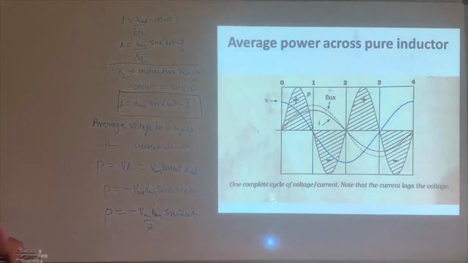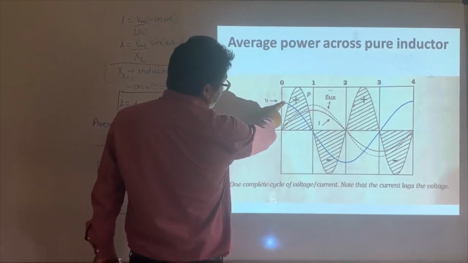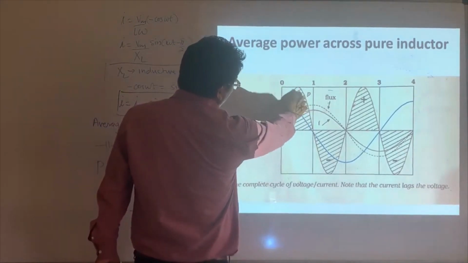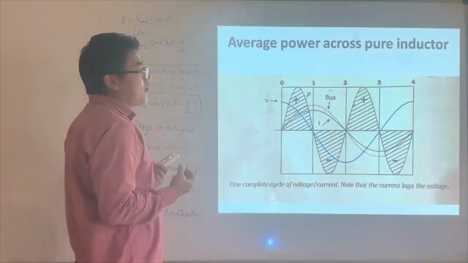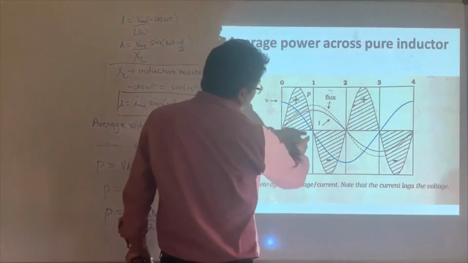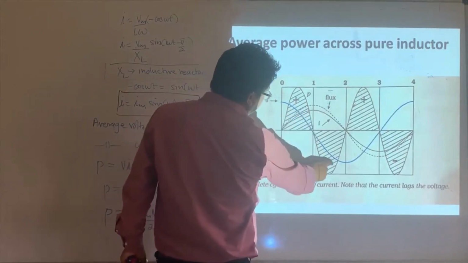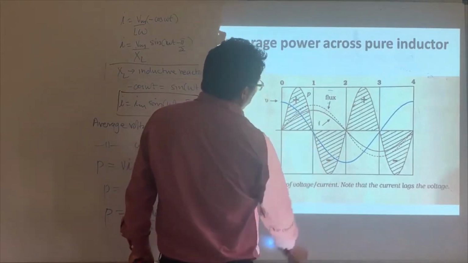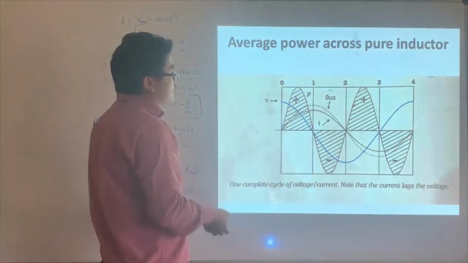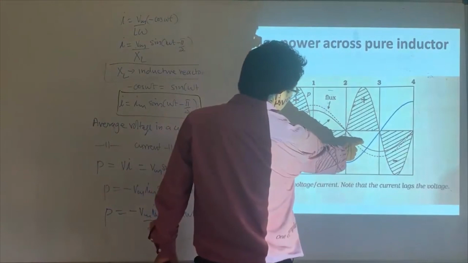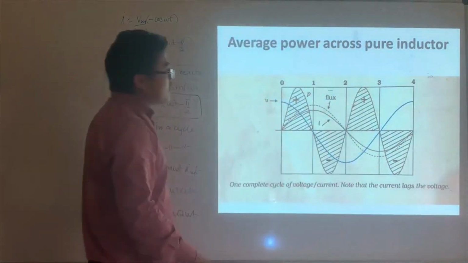This is the diagram. Voltage is positive, current is positive, so power is absorbed from the source. Current is positive, voltage is negative, so power is negative, meaning power is returned back to the source. Voltage is negative, current is also negative, power is positive.